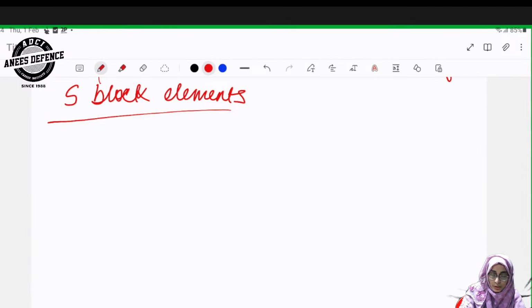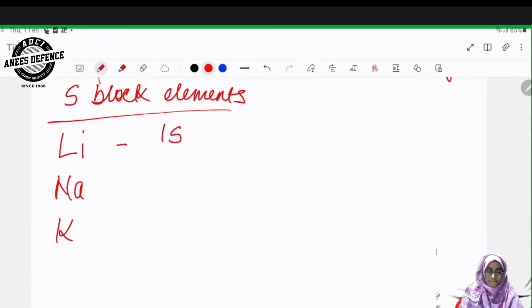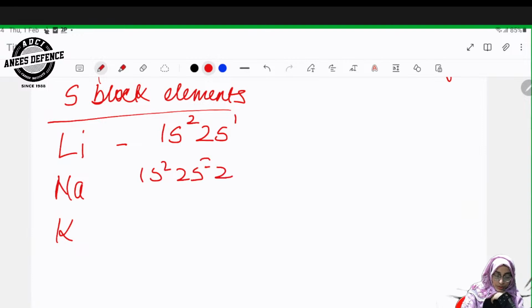Let's give an example of a group 1 element. Lithium, sodium, potassium. So what is the configuration of lithium? 1s2 2s1. Here, 1s2 2s2 2p6 3s1.